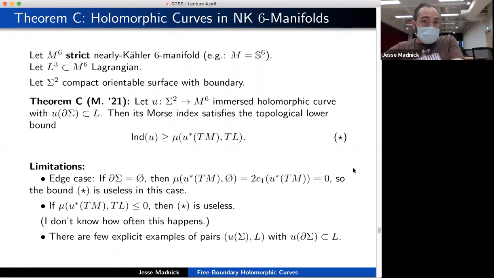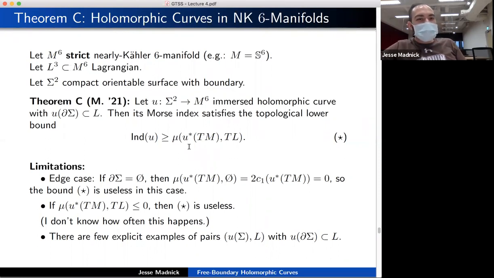It would be nice to test what this number is on explicit pairs. Maybe just pick a holomorphic curve in a strict Nearly-Kahler six manifold, pick a Lagrangian, and suppose your holomorphic curve, its boundary lies in the Lagrangian L, and just compute what this is, and then you could see whether it's positive or not. The problem is that there are not many examples of these things.